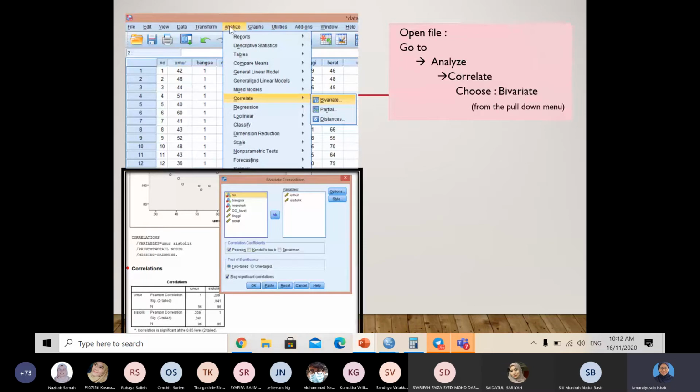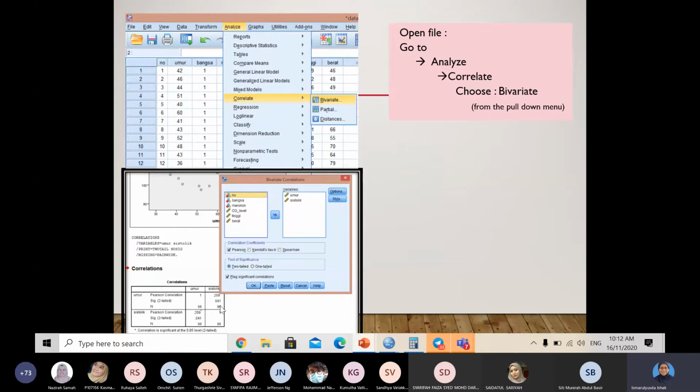Alright, so we go to Analyze, Correlate, Bivariate. Then you will get this page. Okay, so you key in the age and systolic in here. Click for the Pearson. Okay, so this is the results, correlations. So age and systolic is 0.209.